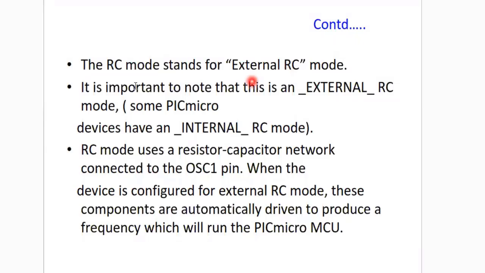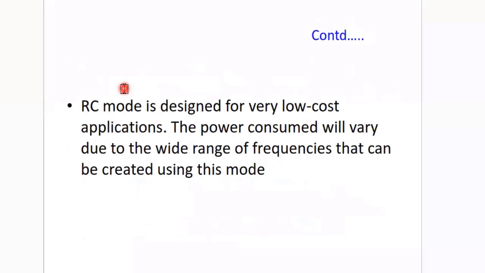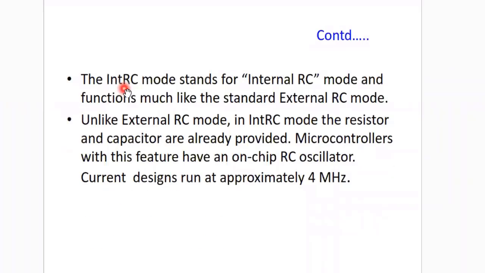Apart from these four modes, HS, XT, LP, and RC mode, we have some other modes available, and you can see here internal RC and external RC. There are two RCs again, internal RC and external RC modes. You will see what it is later on.